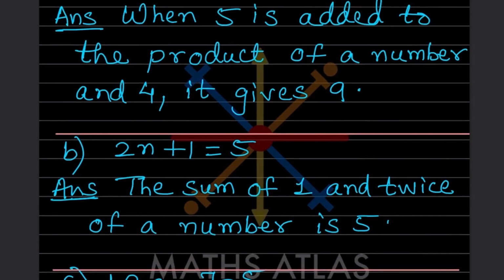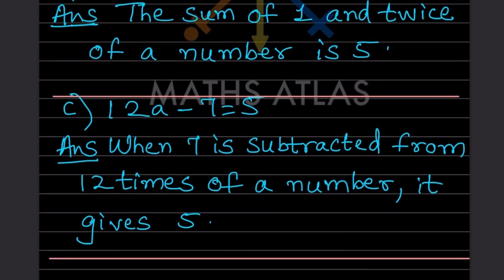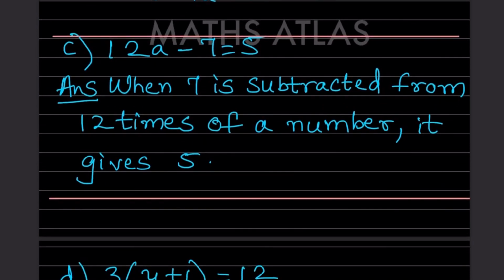You can also write in this form. Now look at here. They said over here that 12a minus 7 is 5. Okay, because this is subtraction, 7 is subtracted from 12a, which means 12 times a number. Okay, then is equal to 5 means it gives 5, or is 5, which is the same.